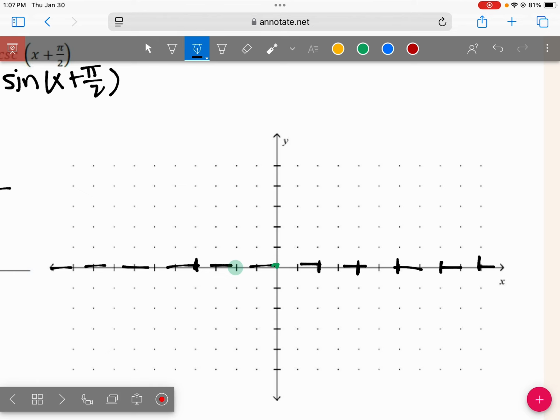And then because our amplitude is 2, we're going to add and subtract 2 from 0 every time that we move. So at 0, we're going to be up at 2, and we're going to come back down, go down to -2, back to 0, up to 2, back to 0.